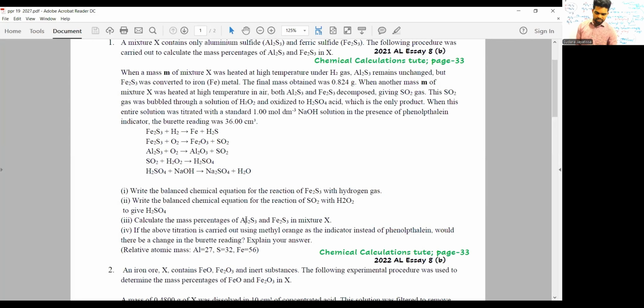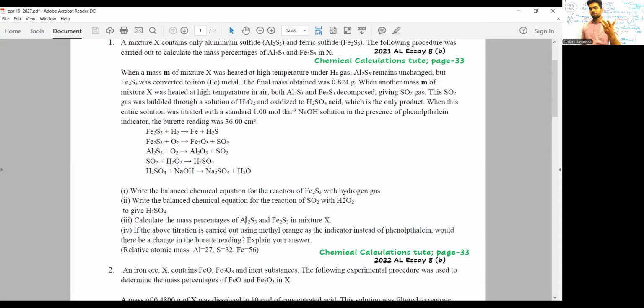So it doesn't matter whether the indicator is phenolphthalein or methyl orange. Still, it will give you the same burette reading if the reacting acids and bases are strong. Okay, so that's the point. Try to understand that one and make a small note on that too.